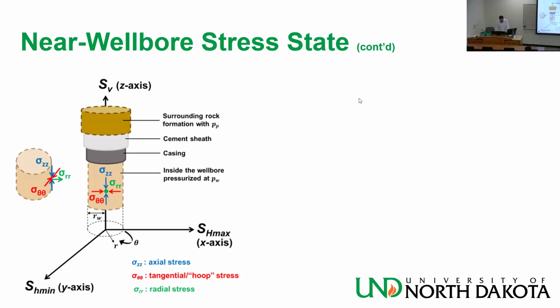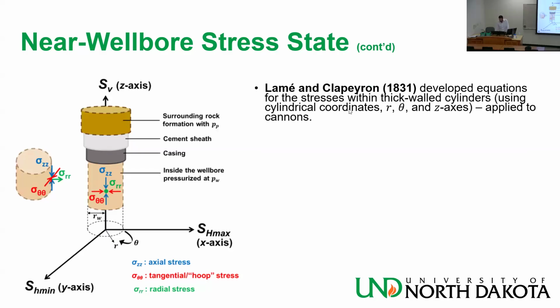We will start from 1831. Lamé and Clapeyron. You may know Clapeyron from thermodynamics, the Clausius-Clapeyron equation. And Lamé, you already know about Lamé. They were doing calculations for cannons. It was like, I have this cannon. How much can I load the cannon before it explodes? So they tried to calculate the stresses on the walls of the cannon to see how much they can handle.